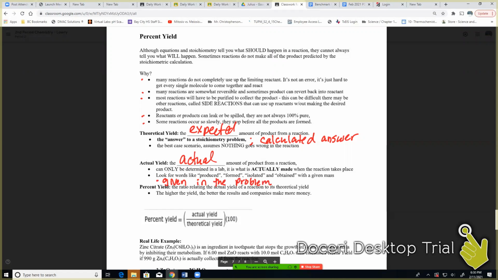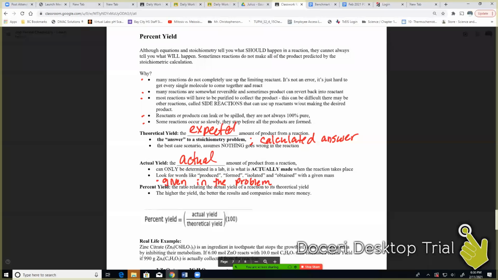The theoretical could be given in the problem, which makes it a lot easier, or sometimes you have to calculate the theoretical. The higher the percent yield, the better the results, and companies make more money. They would love a 100% yield, but that doesn't actually occur that often.